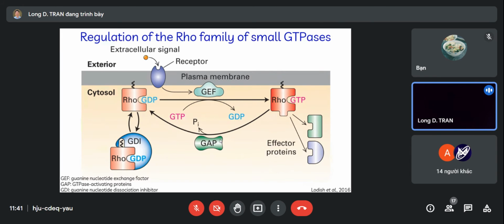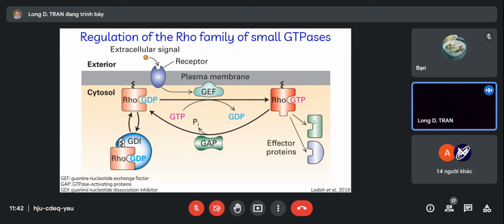So here is how the small GTPase can be regulated. The small GTPase has GTPase activity, and it can hydrolyze GTP into GDP. So when the signal comes, the GEF is activated. This is the guanine nucleotide exchange factor, and it stimulates the exchange of GDP for GTP and therefore activates Rho.